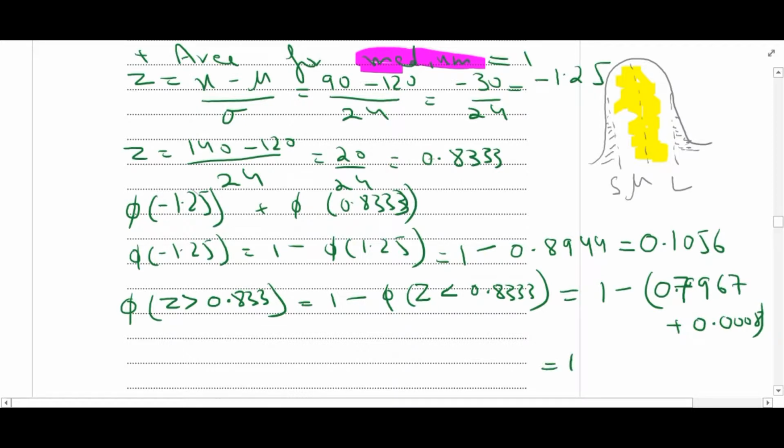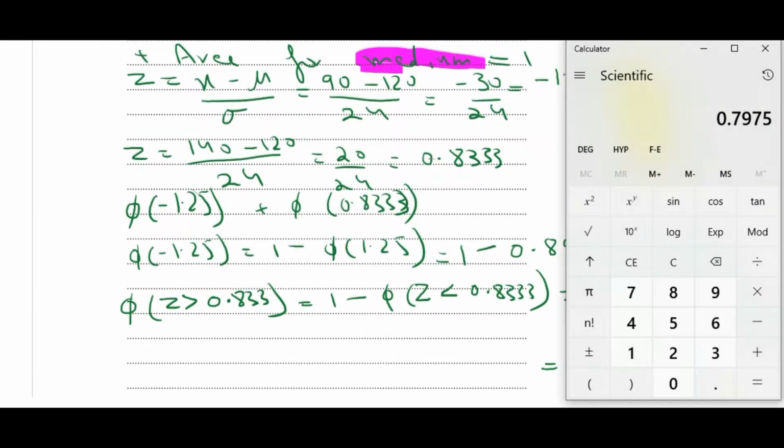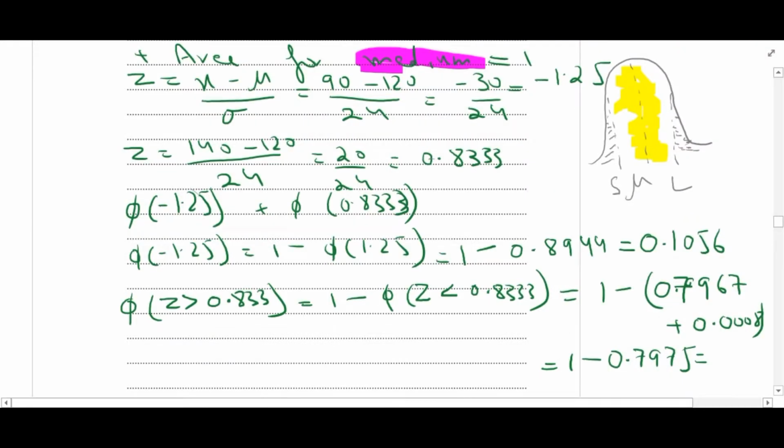So this is equal to 1 minus 0.7975, which becomes 0.2025.